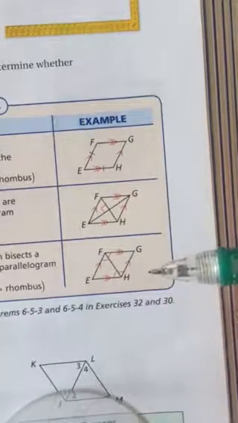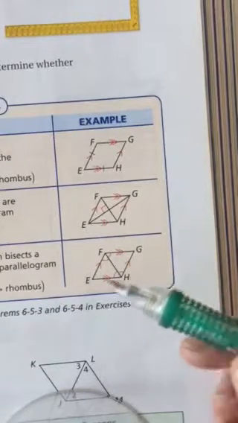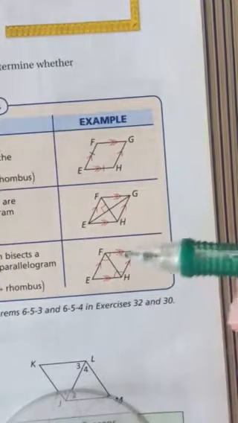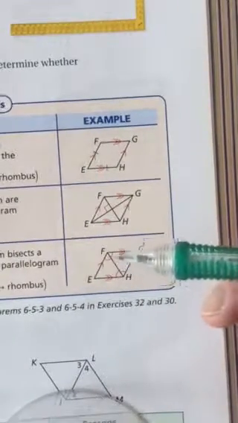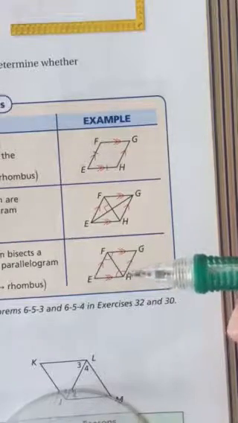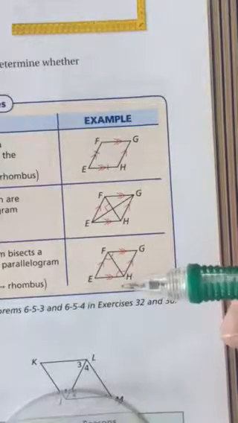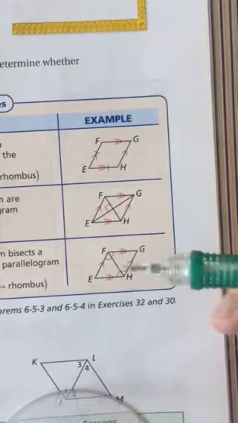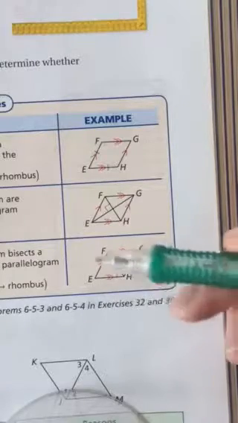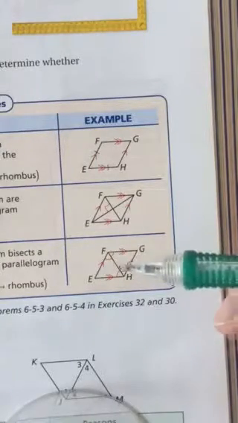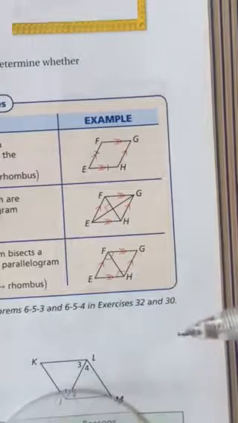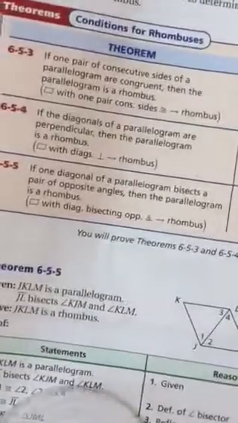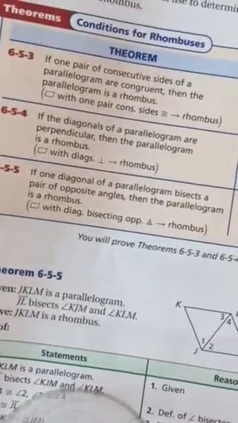So in 6-4, what we learned about a rhombus is that it has two diagonals that each bisect a pair of opposite angles. This time we're only seeing one diagonal and seeing that it bisects a pair of opposite angles. So if we know that the shape is a parallelogram, that is enough information to tell us that it is also a rhombus. All right, so those are theorems that you just need to process and review.